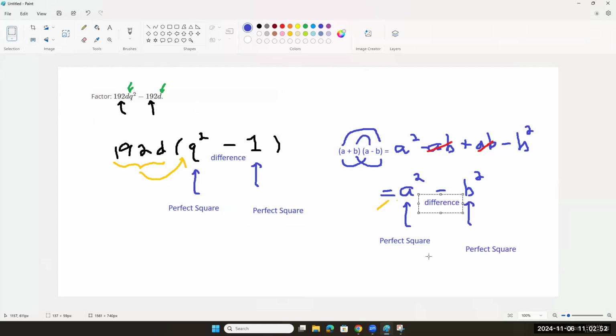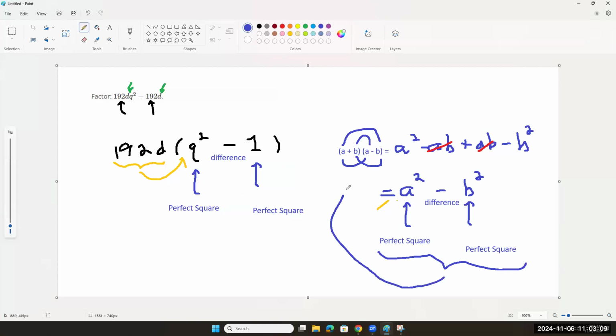So again, you have a difference of squares, which looks a lot like this over here. Now, if I were to go from this situation to the factored form, I'm going to clean this up just a little bit so you could see a little better what I'm trying to point out. You end up with an A plus B and an A minus B. We call these conjugates.